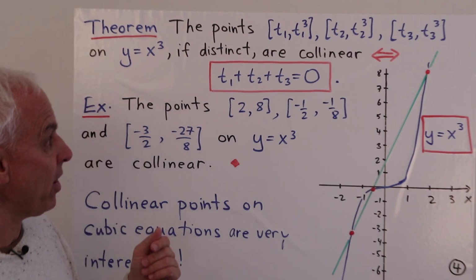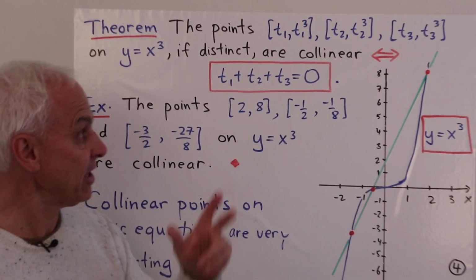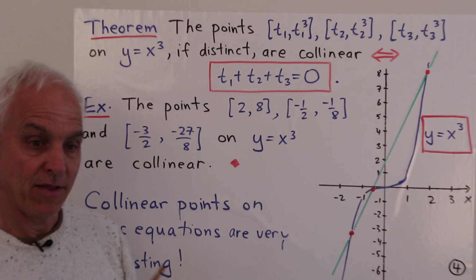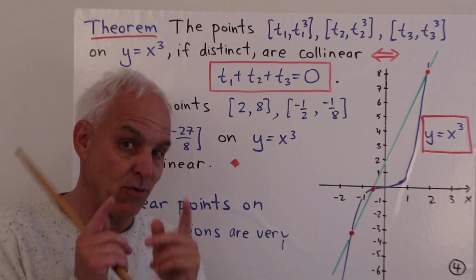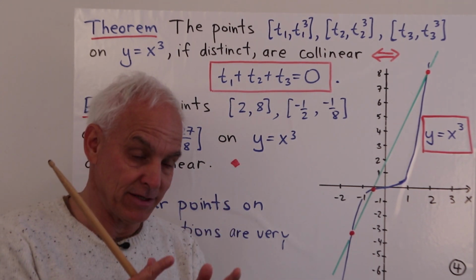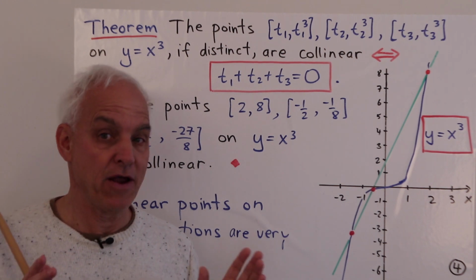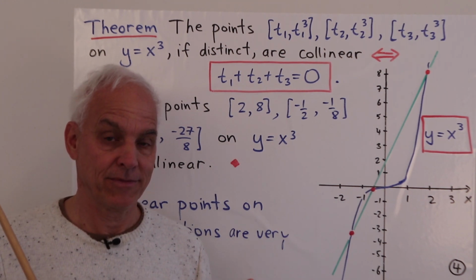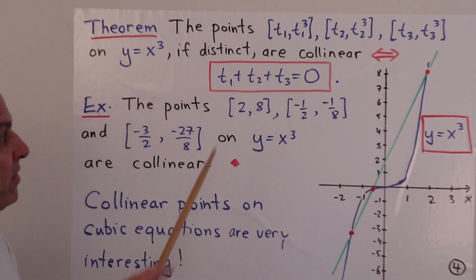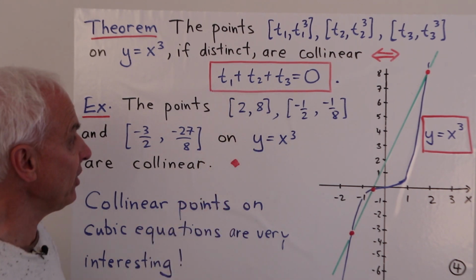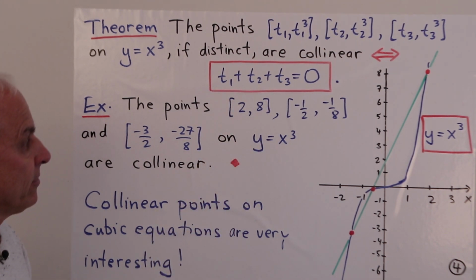And if t1, t2, and t3 are distinct, in other words, if we have 3 distinct points, then the first factors, t1 minus t2, t2 minus t3, and t3 minus t1, are never going to be 0. So it's only going to happen when the 4th factor, t1 plus t2 plus t3, equals 0.